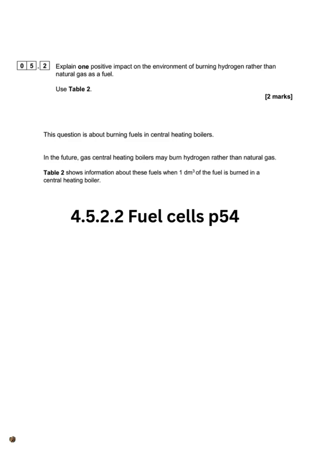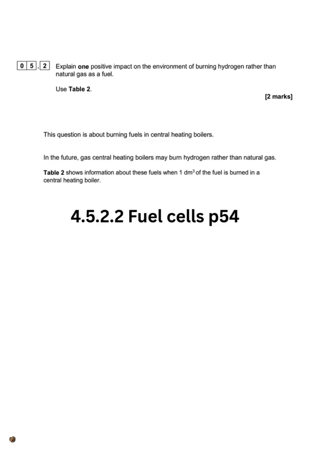Right, so for 2 marks, we need to explain 1 positive impact on the environment of burning hydrogen rather than natural gas as a fuel, and it says to use table 2. So I'm just going to remind you of some other information that was at the start of this question, and it says this question is about burning fuels in central heating boilers.